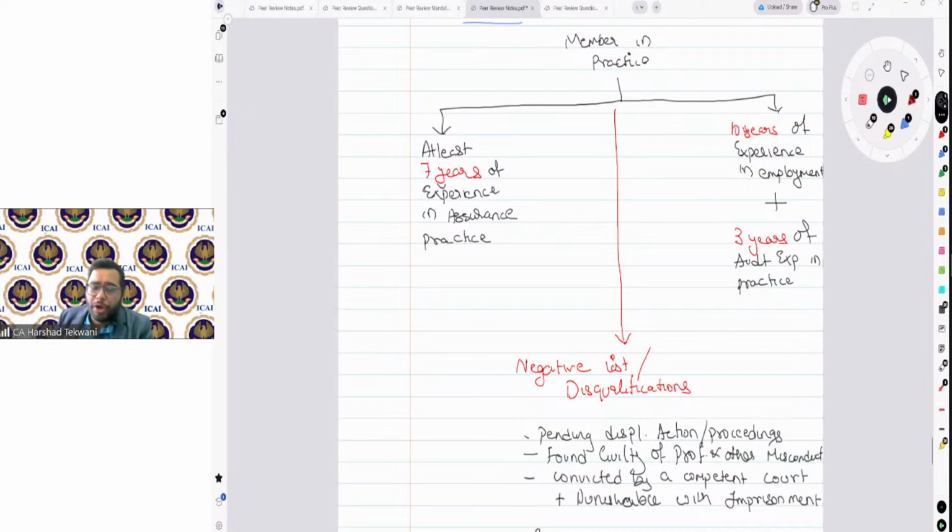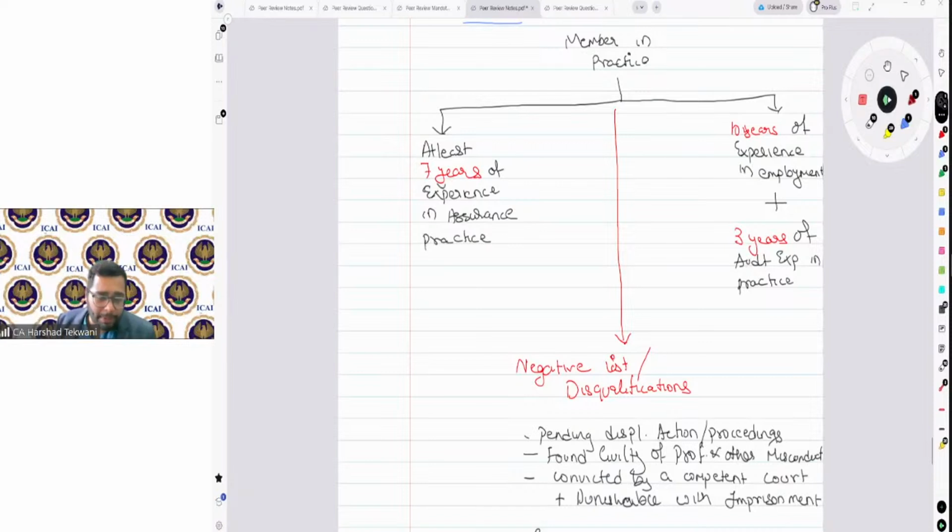The peer reviewer is not allowed to take any extracts of the practice unit client's files or records which are made available to him. Then the peer reviewer shall complete the review within the prescribed time frame. So there are some obligations and they need to fulfill these obligations. In the same way, practice units have some obligations and they are required to fulfill them. Okay. When I say obligations, these are the duties that are entrusted and expected from them.